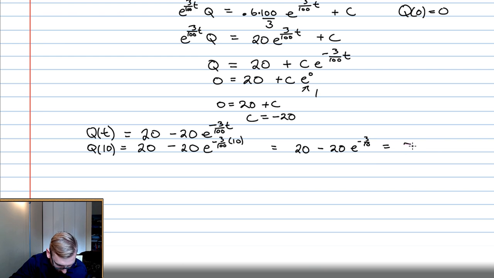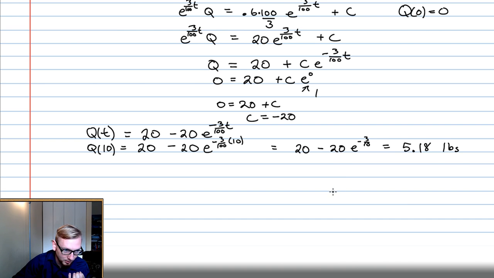We've got 5.183. 5.18 is good enough. Pounds. Okay. That was our Q of 10.